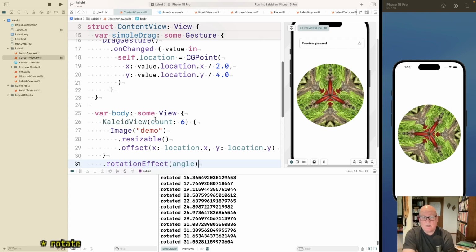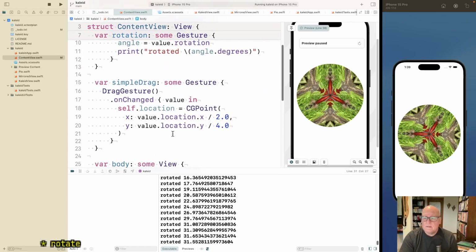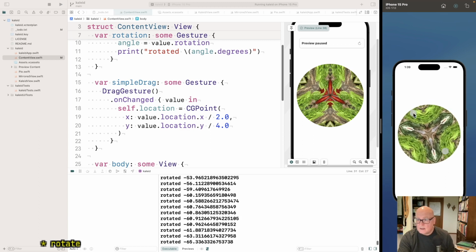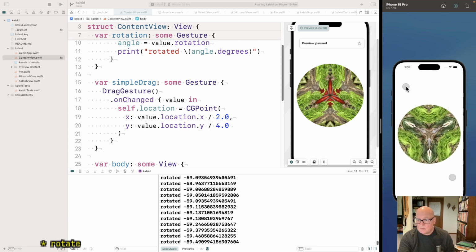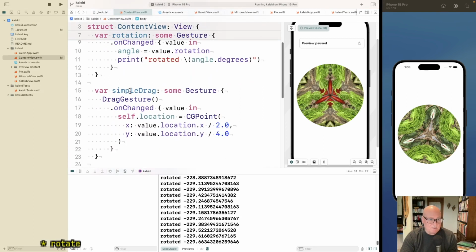I want that to be 0, 0. The problem is, I don't know if I'm getting scale. When I drag them further apart in an image editor, the picture gets bigger as well as rotates. So I think we're going to add the scale as another gesture.